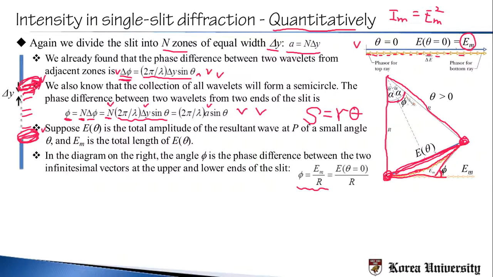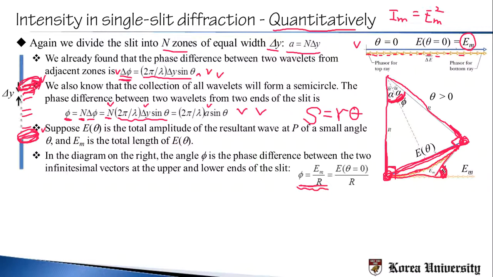Actually, this angle is equal to this angle. Because this radius is perpendicular to this, this is 90 degrees, and this line is also perpendicular to this. So according to the geometry, this angle becomes equal to that. Okay.